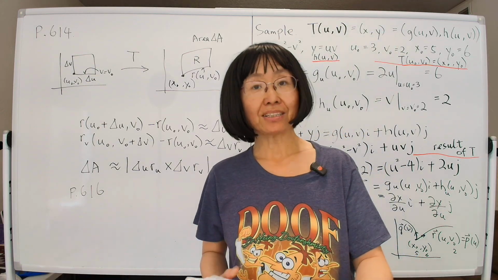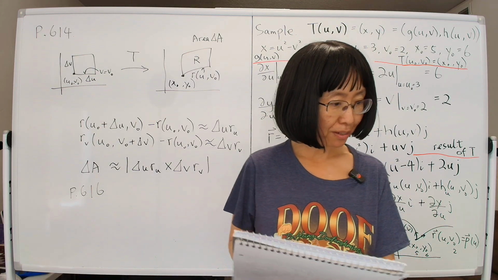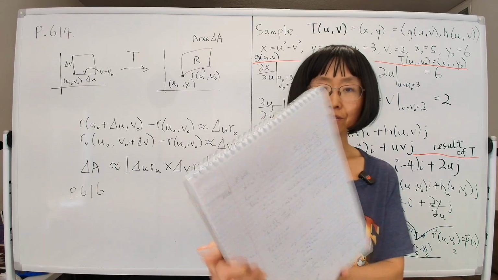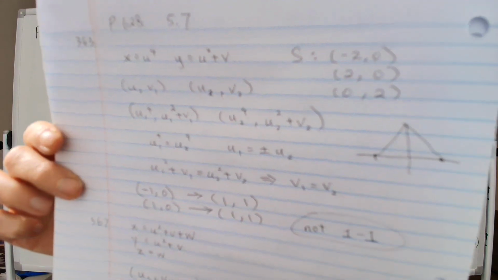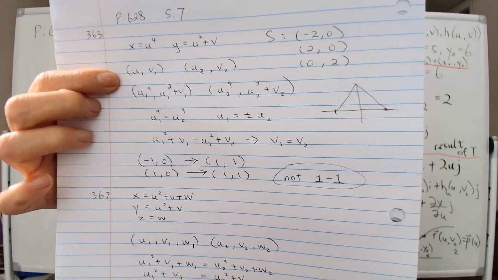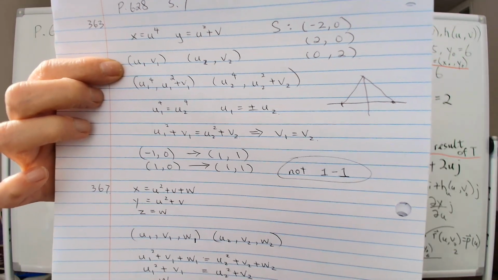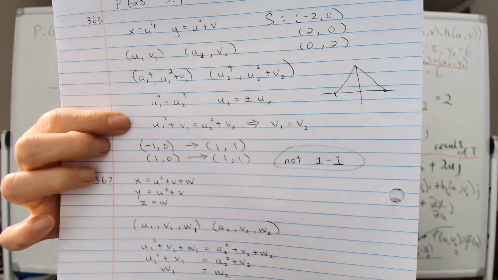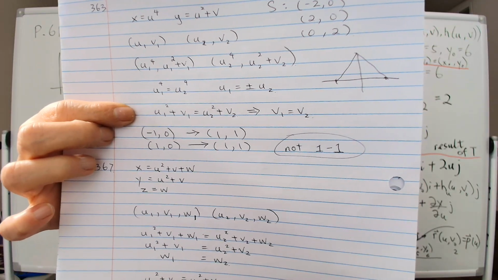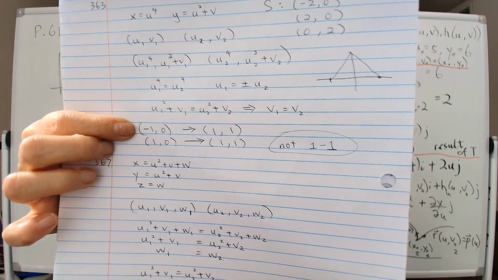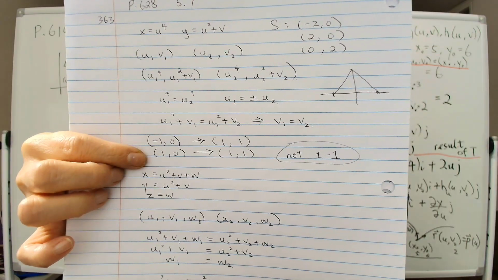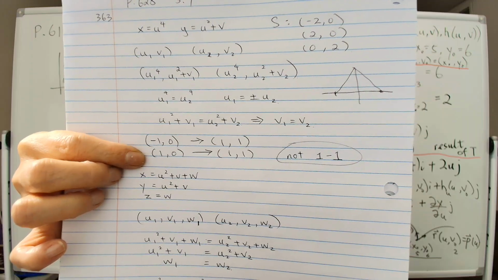All right, now that you're done with your homework, let's talk about a couple of them. Problem 363, we are trying to prove if something is one-to-one. The way you do it, you just pick two random points, call them U1, V1 and U2, V2, plug them in, and then figure out that V1 equals V2, but U1 can basically be something else, like -1 or 1, it all works, they land in the same spot.